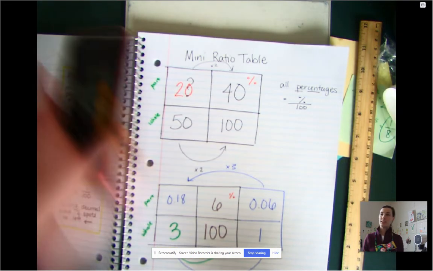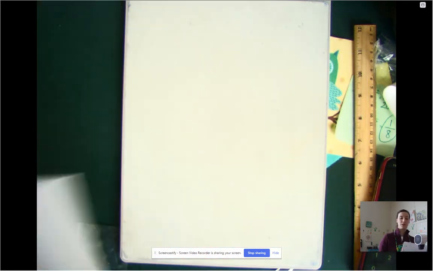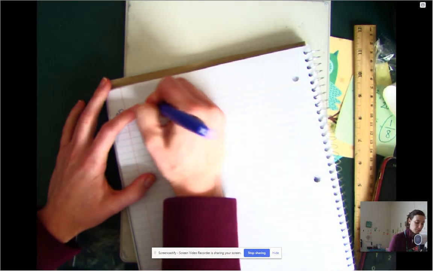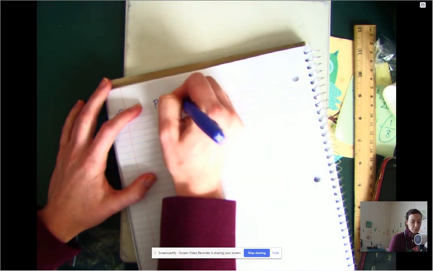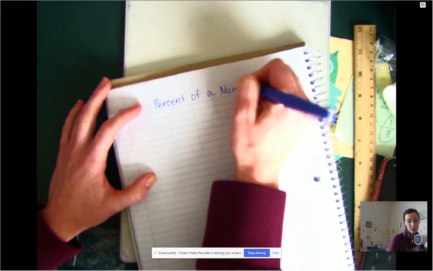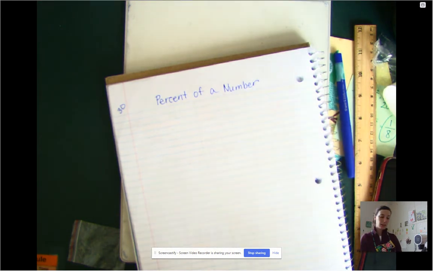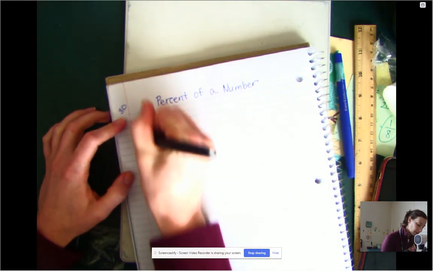Okay? That might have seemed a little tricky, so I want to do a couple other ones with you. And we're going to start a new page here, just doing more of these. And this is one of those priority standards that everybody has to know how to do. So take really good notes and pay really good attention.